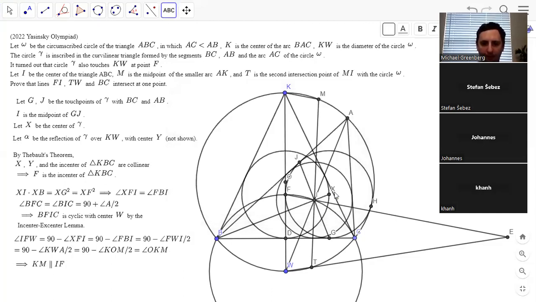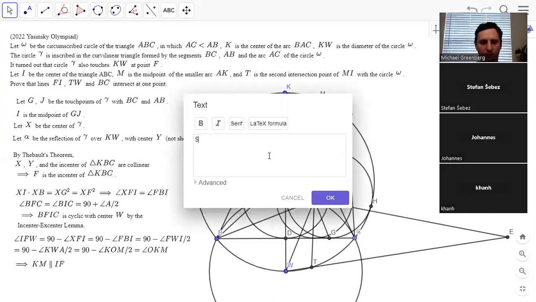And once we know that, really it's just an angle chase, but angle IFW is angle MKW, is 180 minus angle WTI, so FITW is cyclic. And then we just apply the radical axis theorem.